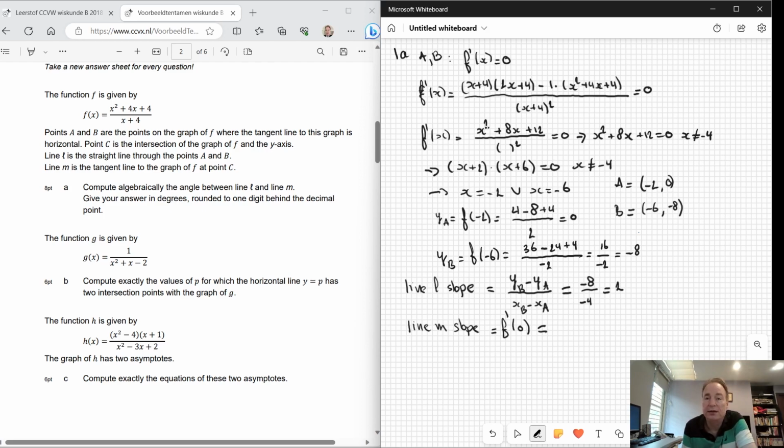So you get 12 divided by x plus 4 squared, which is 16, which is 3 divided by 4, which is 0.75.